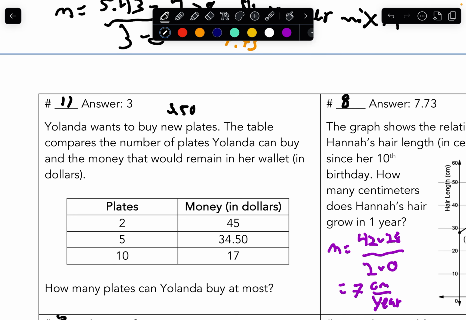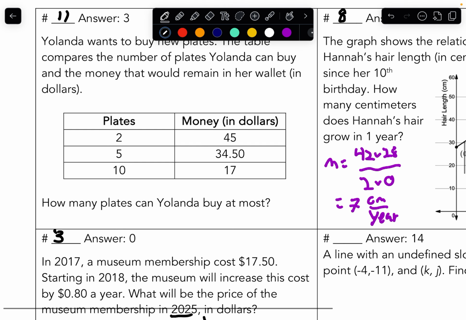So we could just keep subtracting $3.50 each time, or subtract $7 for every 2 plates. So 12 plates would be 17 minus 7, which is 10. Another 2 plates would leave us with 3.